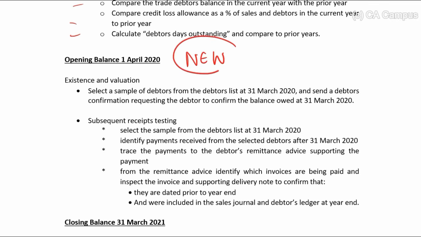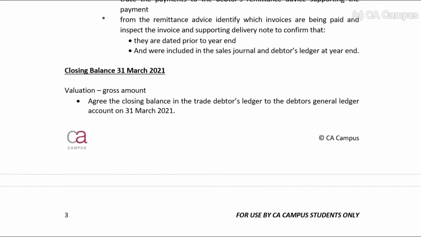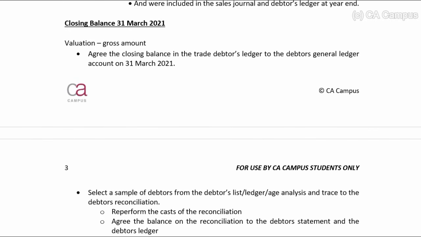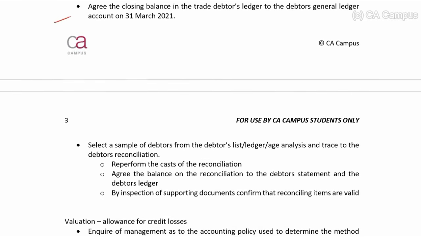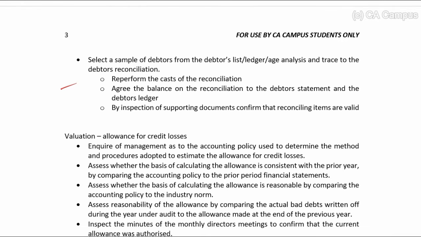So this is the only reason why we're doing additional work for opening balance, a confirmation or subsequent receipt testing, because that comes from ISA 510. Closing, your gross amount you need to test, and then you can do some individual debtors reconciliations.